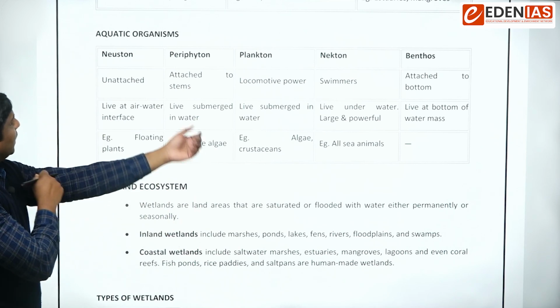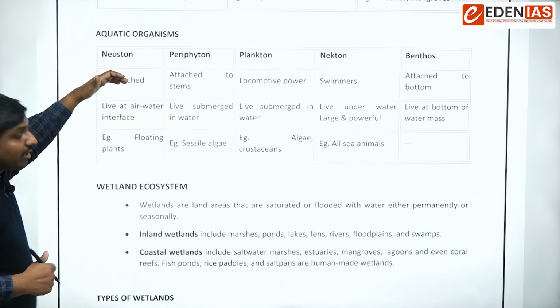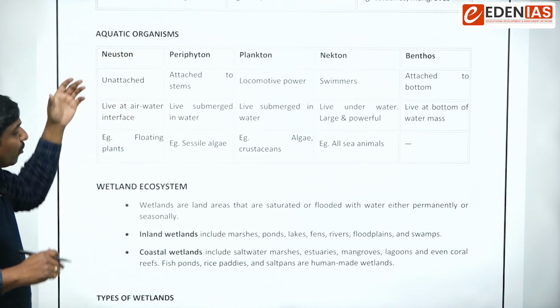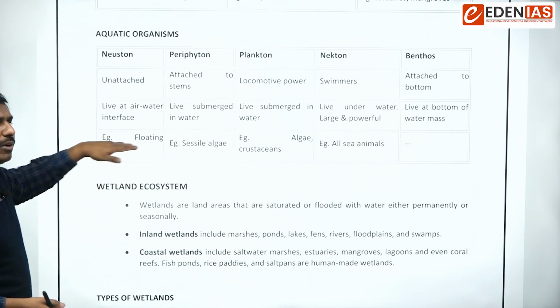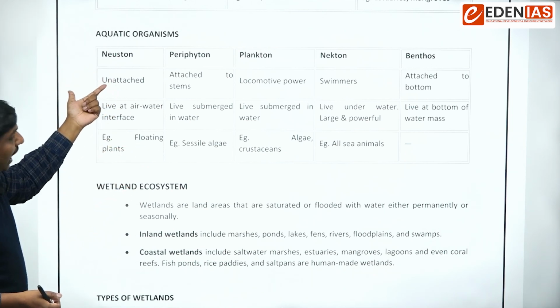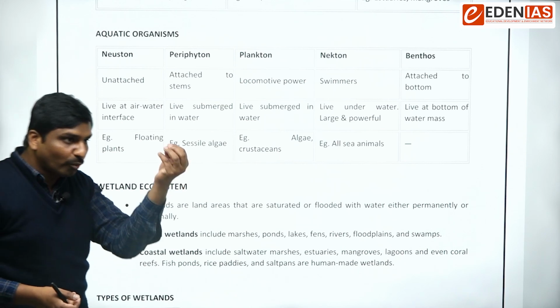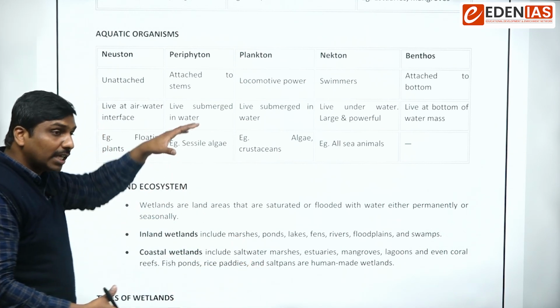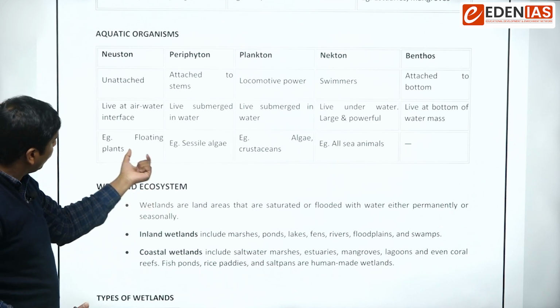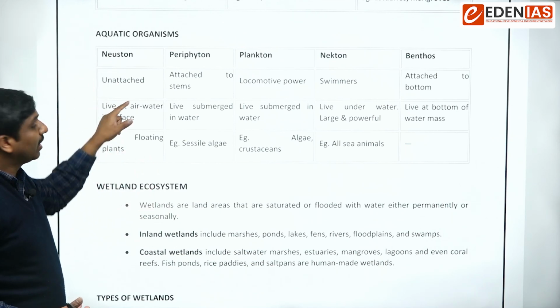Neustons means unattached organisms. They live freely, like floating plants, unattached. There won't be roots reaching the soil. So floating plants would be neustons.